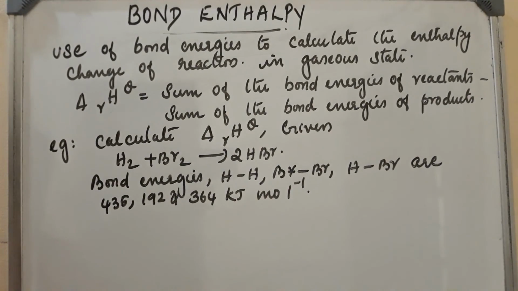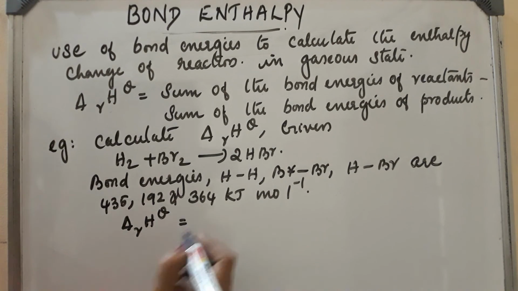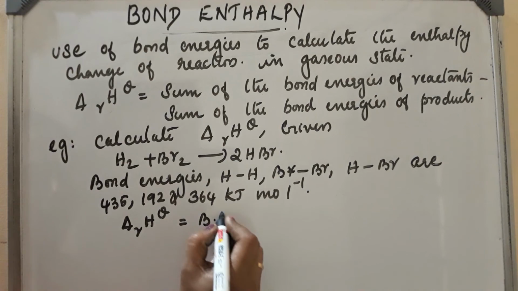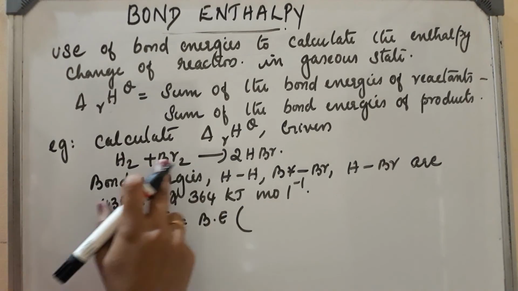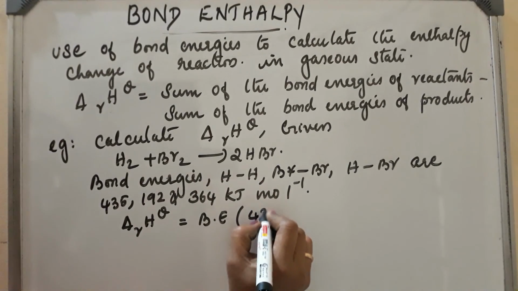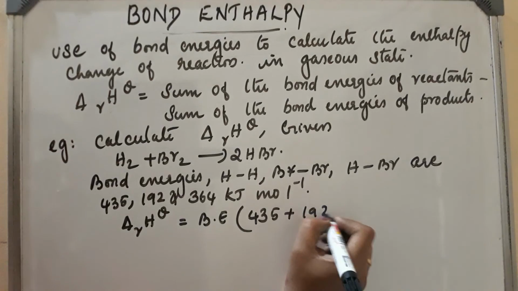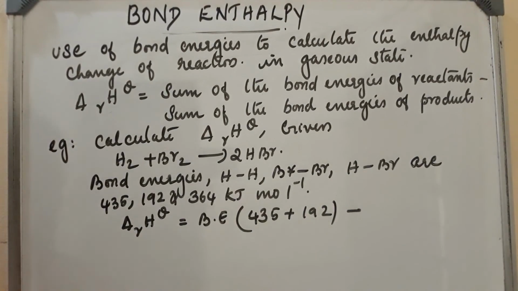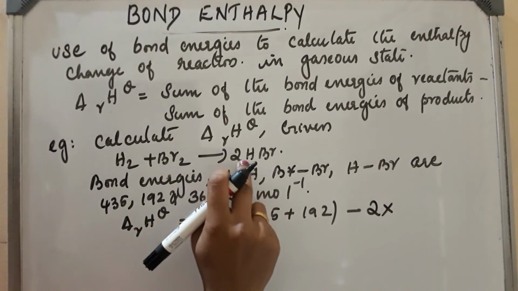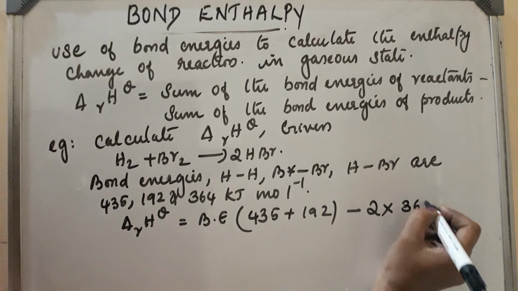Now we can find delta H of R will be equal to sum of the bond energies of reactants. Here the reactants are H2 and Br2. Their dissociation energies are 435 plus 192 minus 2 into, this is the product, 2 into HBr is 364.